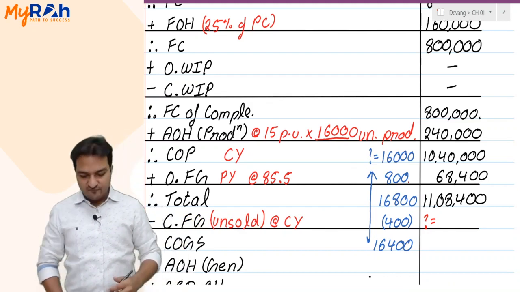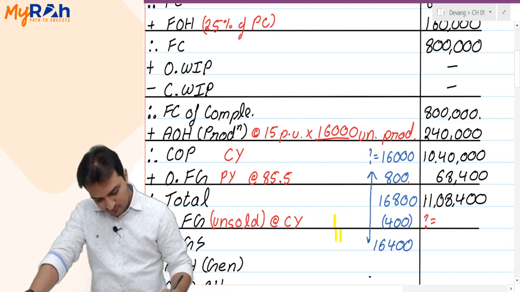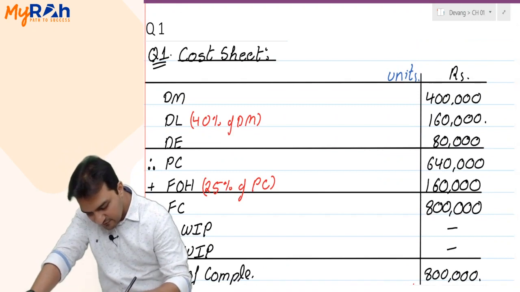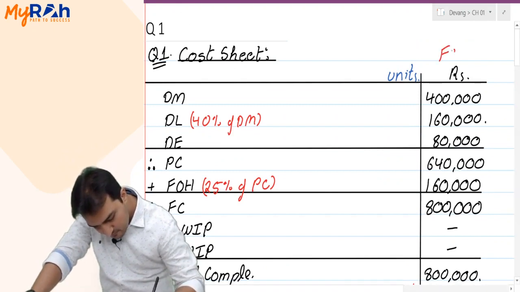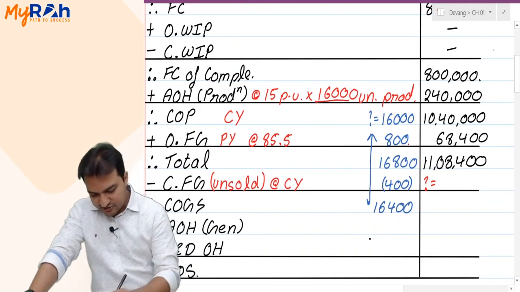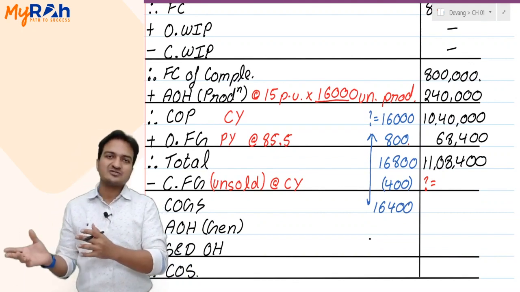Here under the FIFO method, right now say I'm solving this by the FIFO method. I gave you the logic that as per the FIFO method, first in goes out first.